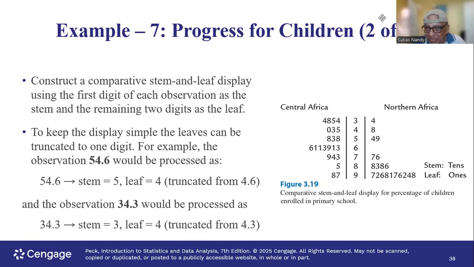With the same stem of 9, look at Central Africa: 97 and 98. So what do we see? Immediately we see that there are a lot of leaves in stems of 8 and 9 in Northern Africa, indicating that a higher percentage of school-age children go to school in Northern Africa, not so in Central Africa.